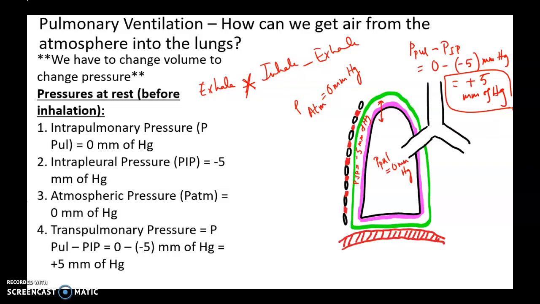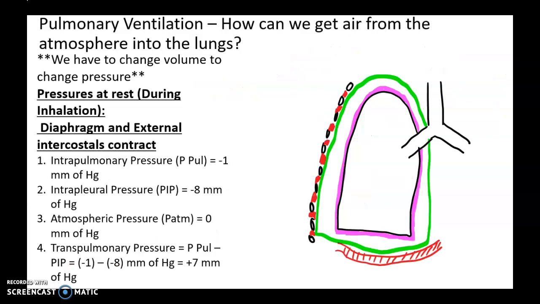So we just calculated the transpulmonary pressure before we inhale. Now, a positive transpulmonary pressure, like we see in this case, is actually good. When the transpulmonary pressure is positive, that means that your lungs can be expanded. So this is good.